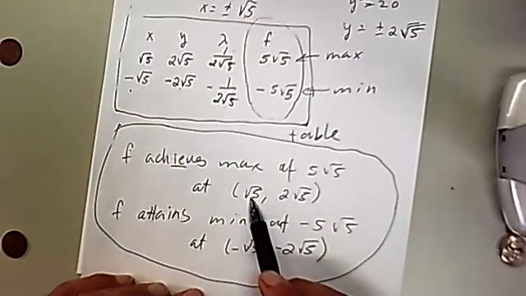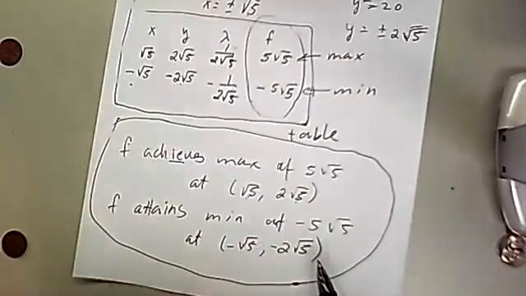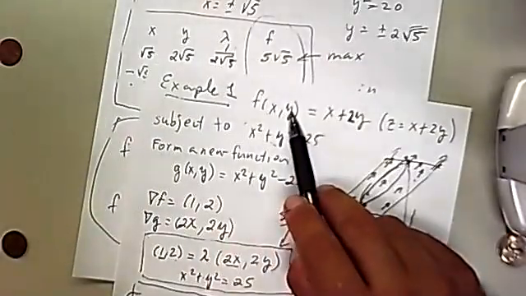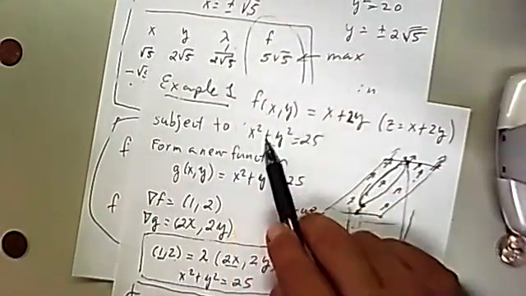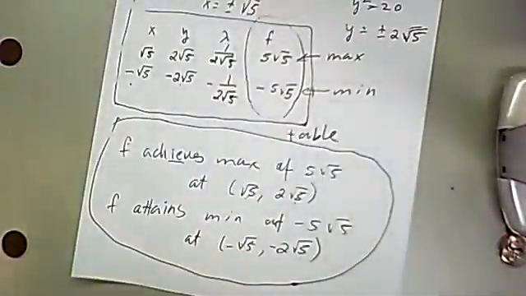If you square this, you get 5. If you square that, you get 20. 5 plus 20 is 25, which is the restriction we had. We want to optimize this subject to this restriction. So the inputs have to fulfill the requirements.